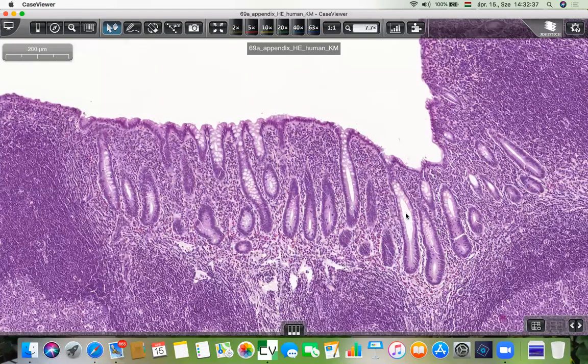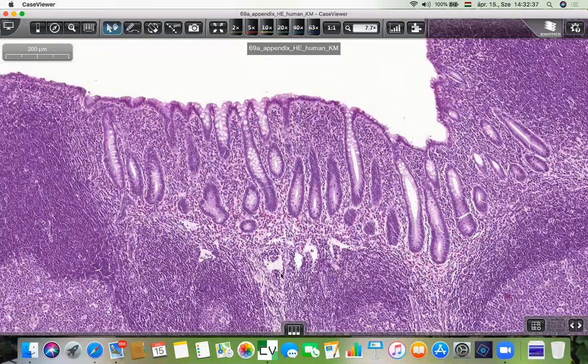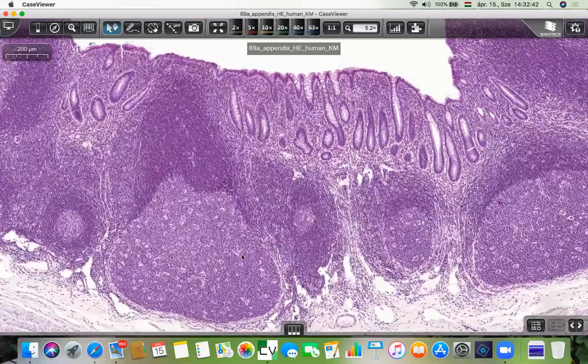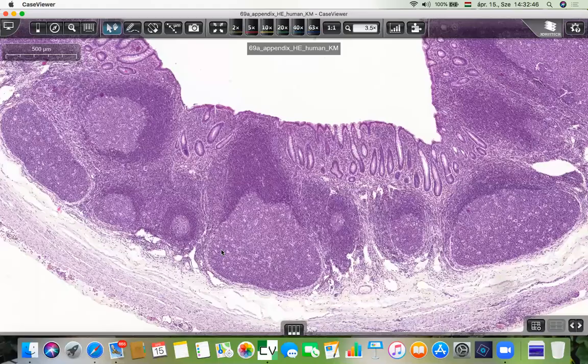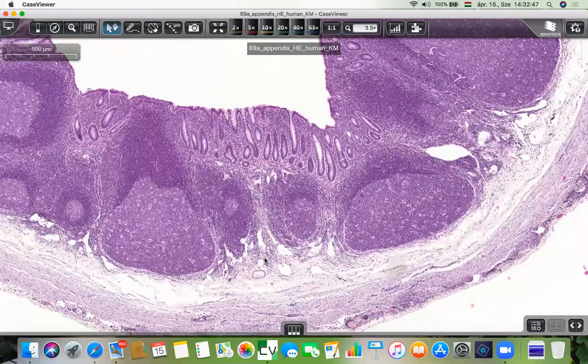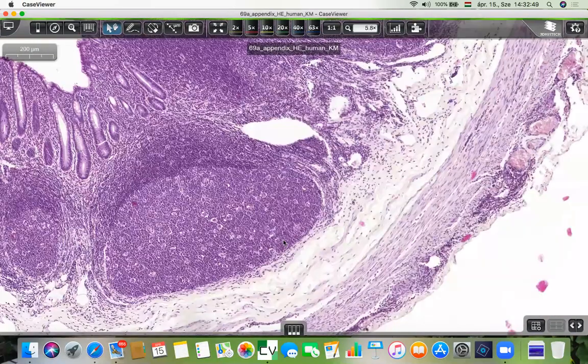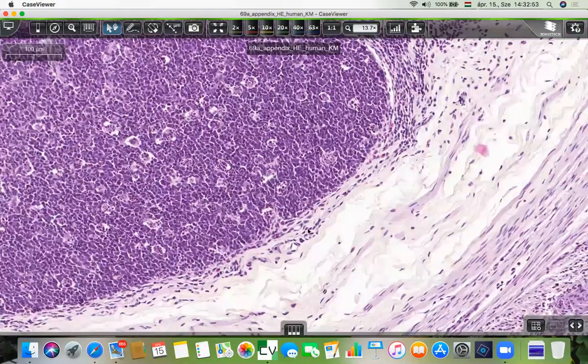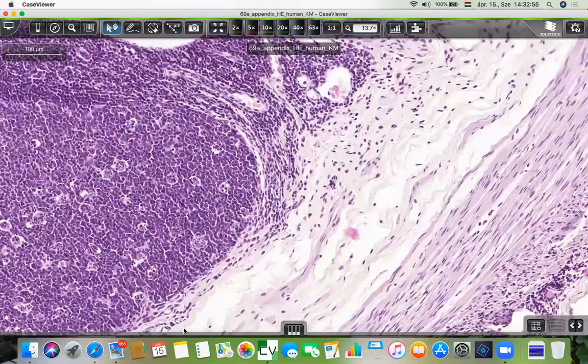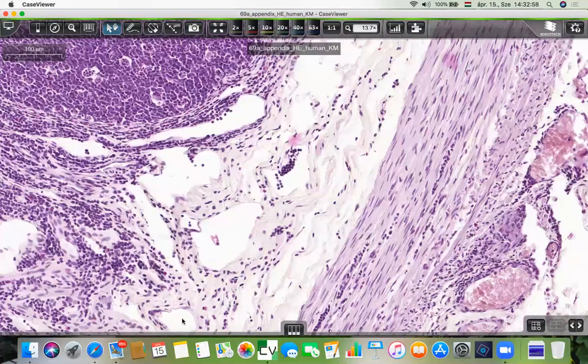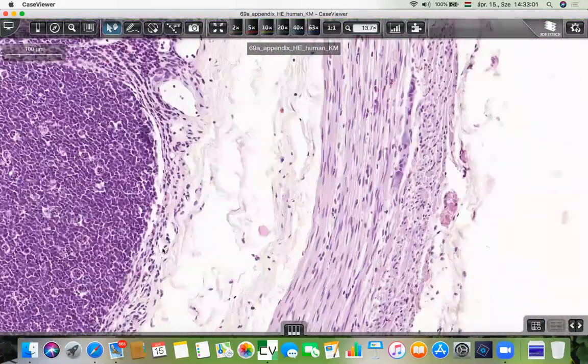Also in the propria we have these follicles. Under the propria there is a really thin layer here. That's the muscularis mucosae, with an inner circular and outer longitudinal layer.